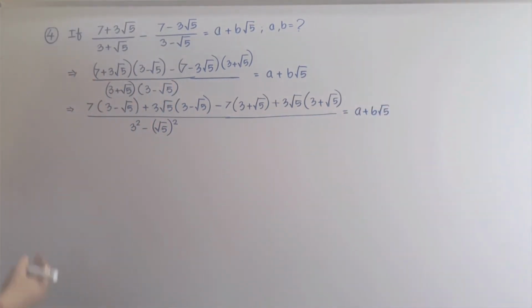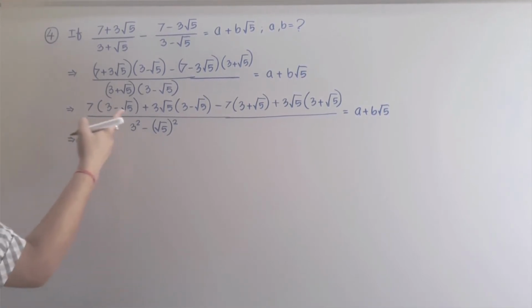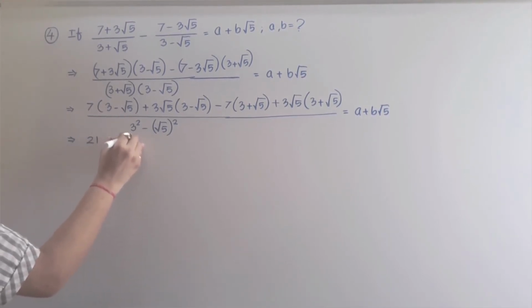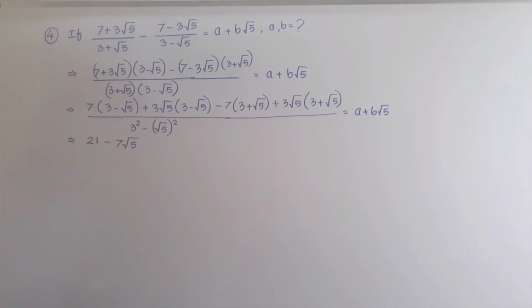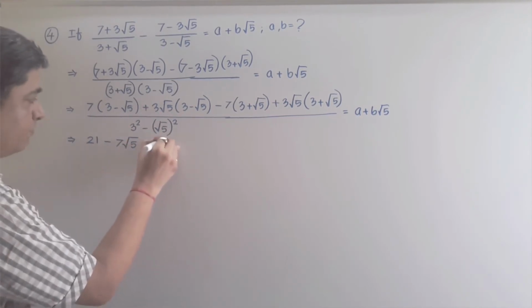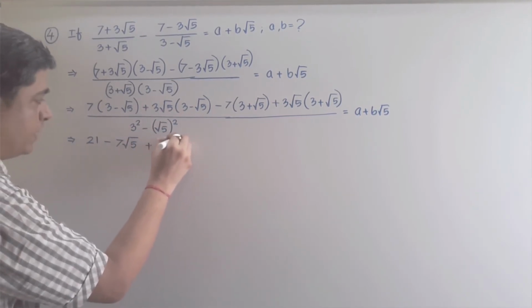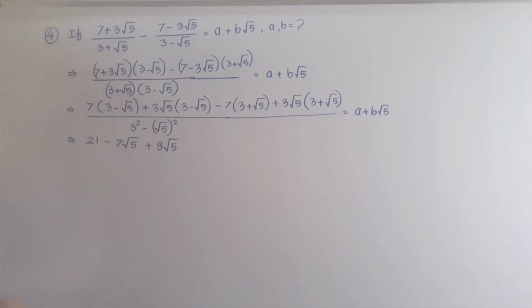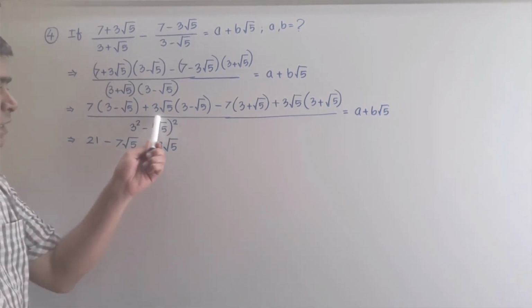Okay. Now multiply the terms in the numerator. 7 multiplied by 3 will become 21. 7 multiplied to minus root of 5 will be minus 7 under root of 5. Similarly, 3 under root of 5 multiplied to 3. So here 3 and 3 will multiply, that will become 9, and root of 5 we shall write down as it is. Remember, you have to multiply the similar kinds of terms.